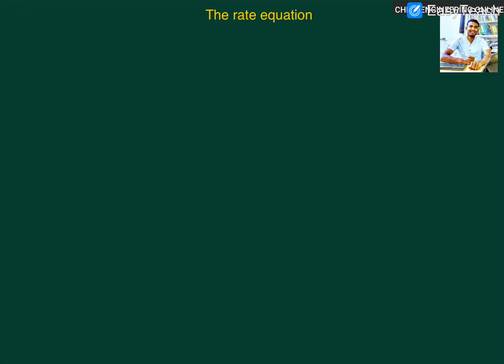So finally we have to discuss the rate equation. How does a rate equation look? Suppose we have a reaction A plus B gives R plus S. These are the reactants, these are the products.